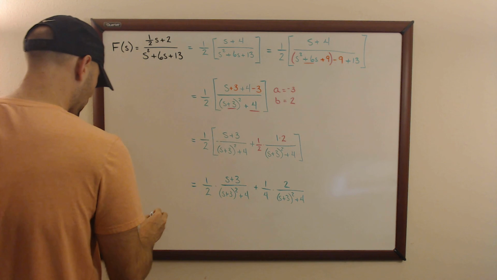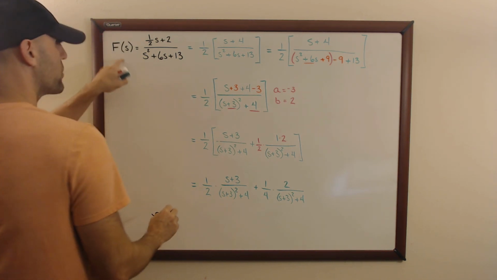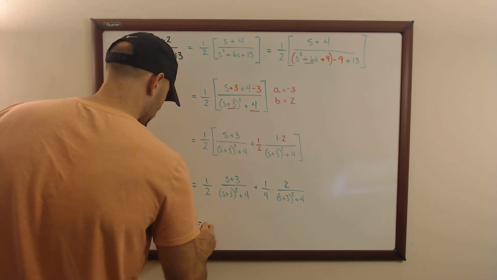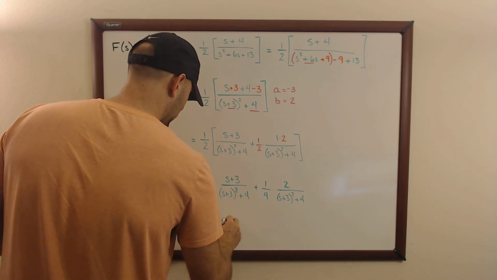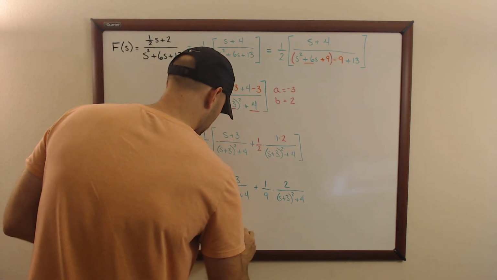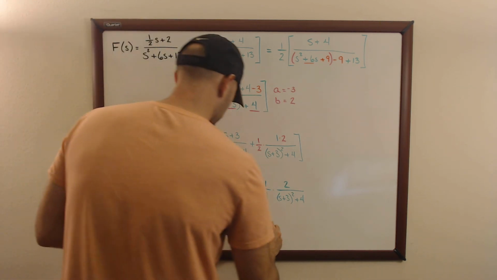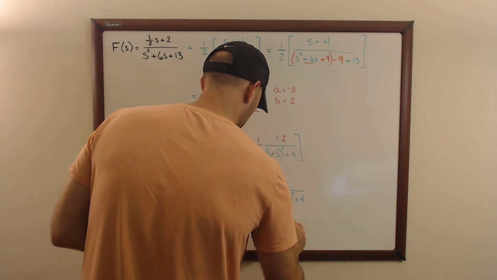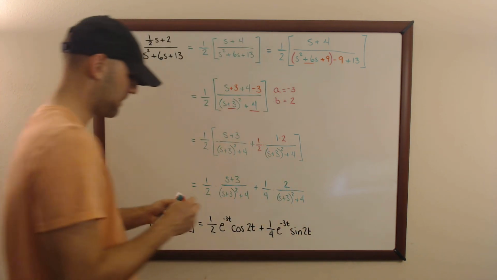So I can go ahead and write down that the inverse Laplace transform of this function, f of s, untranslating this, gives me 1/2 e to the at, remember a was negative 3, cosine bt, b was 2, and this is plus 1/4 e to the at sine bt.